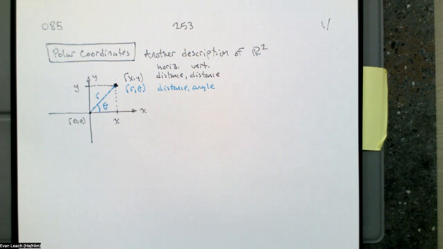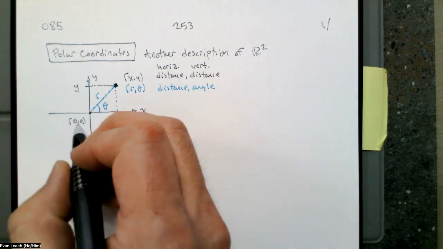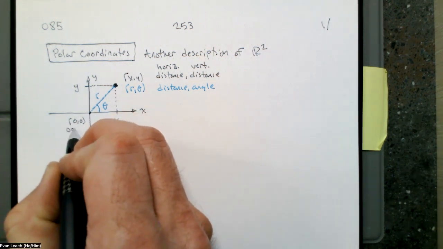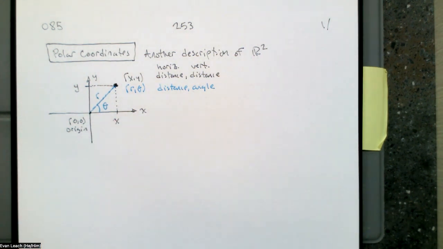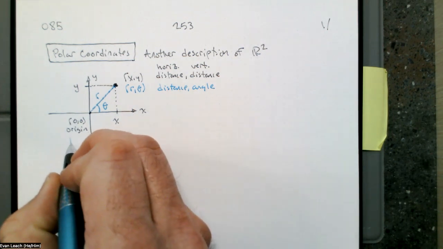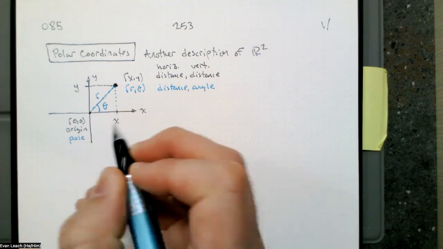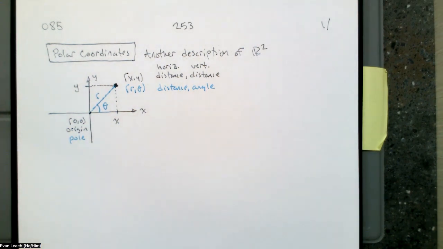So 0, 0 is our rectangular coordinates for the origin. 0, 0 will also be the coordinates in polar coordinates, but we're going to refer to that as the pole. In polar coordinates, we'll refer to the origin as the pole, except that was probably the last time I will refer to it as the pole and just go back to saying origin.